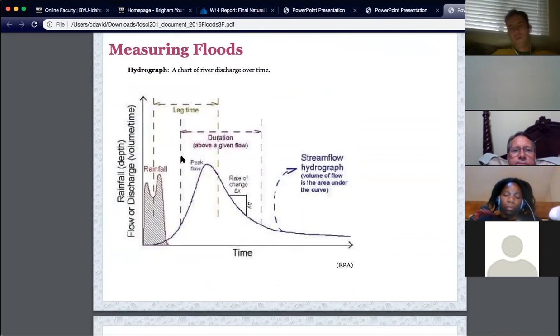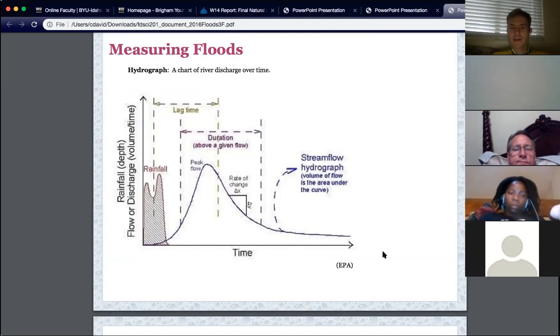This is another good figure, because it helps you understand how flooding works in timing. What this is showing on your x-axis is the time, from right here, let's say this is when the rain starts to fall, to all the way out here.